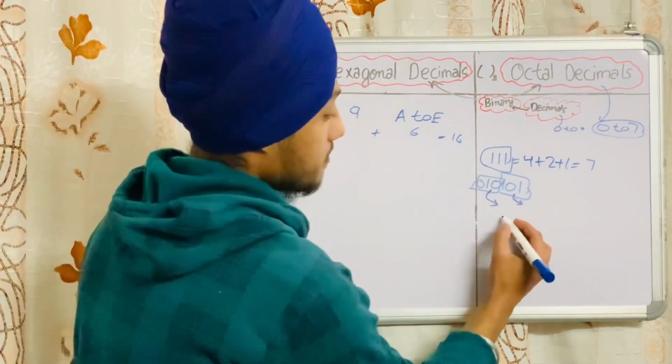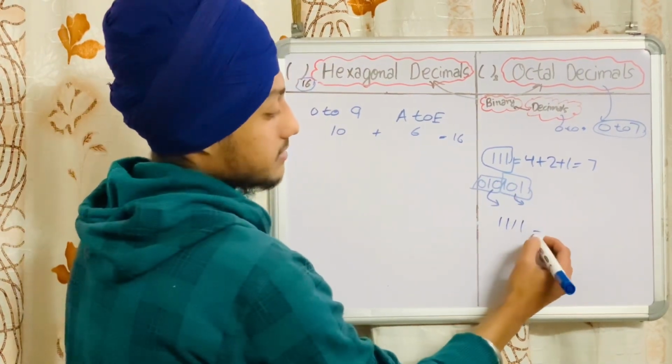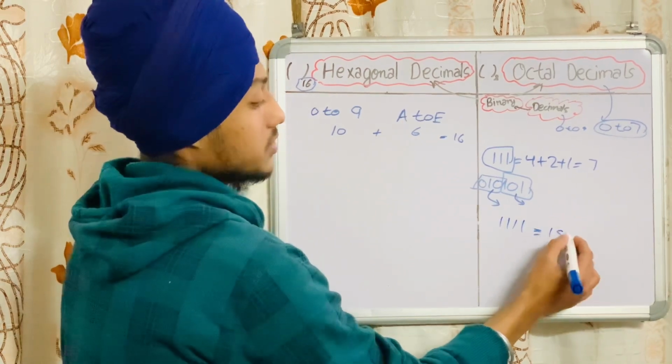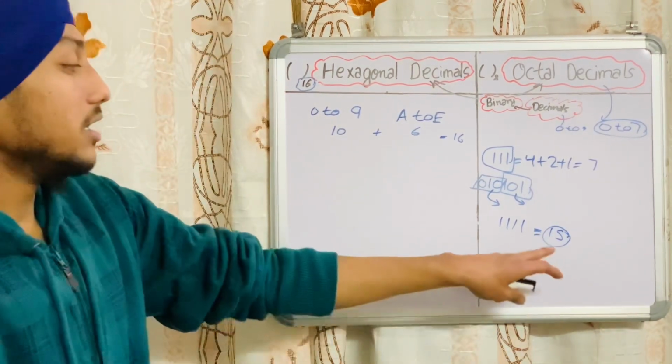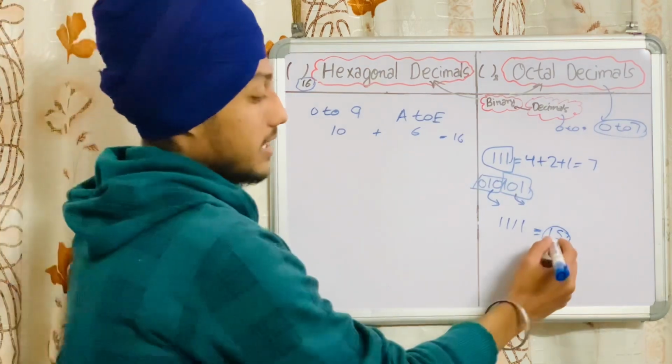Because when we use 4 pairs, the maximum of 4 pairs is 15, which is not going to be convenient for us in writing.